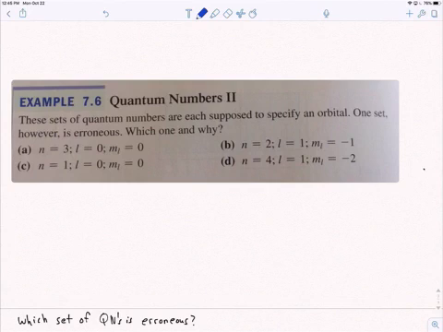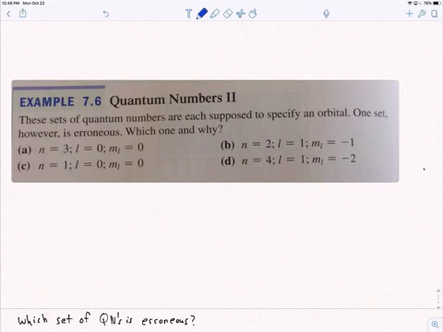L being 0 is fine. If L is 0, m sub L has to be 0. Okay, that's good. B, n equals 2. L can be 0 or 1. L being 1 is fine. m sub L can be -1, 0, or 1. Being -1 is fine. That's good.